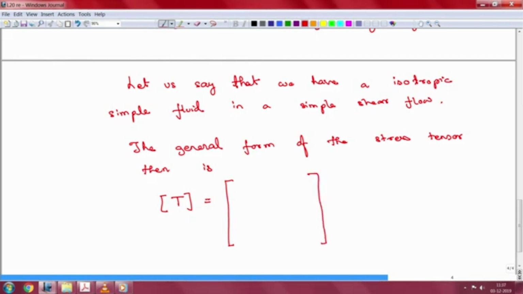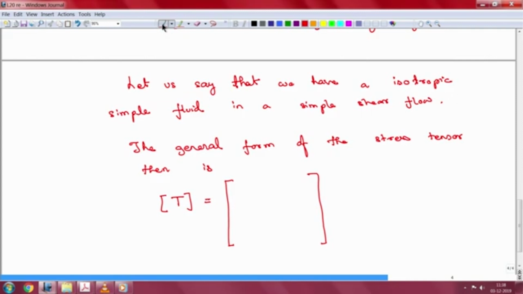So obviously the flow is 3-dimensional, so your stress tensor is going to have 3 into 3 components. The question is what are these different components? In a simple shear flow, as we saw, the third dimension is not that important. You are not having any flow in that direction. So the flow is essentially a 2-dimensional flow.